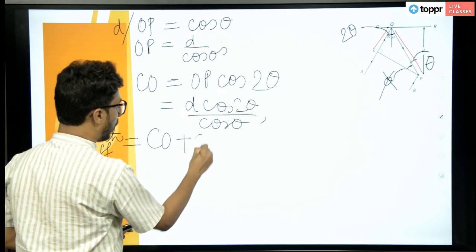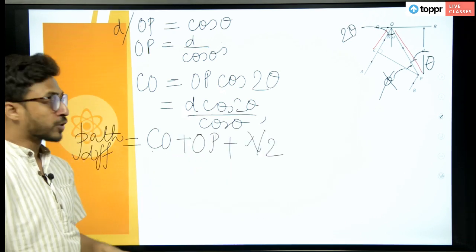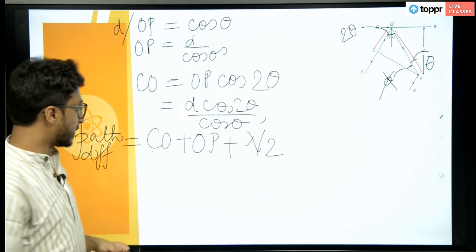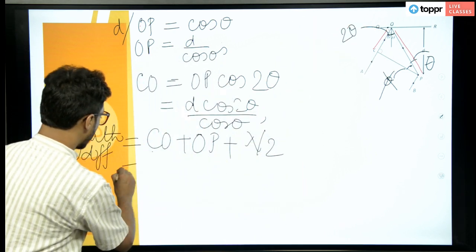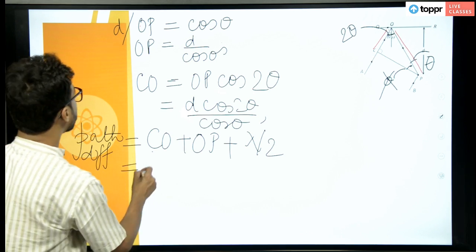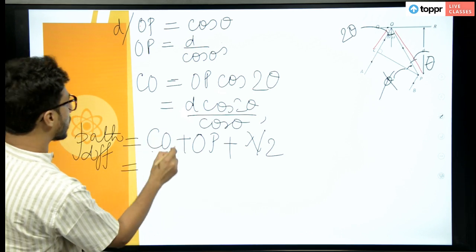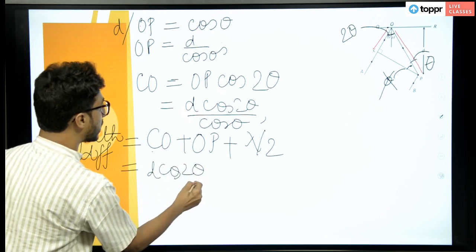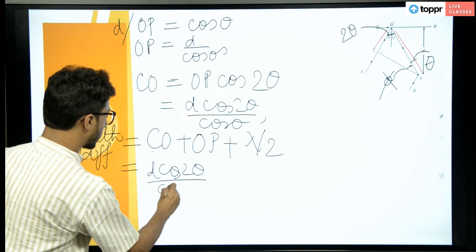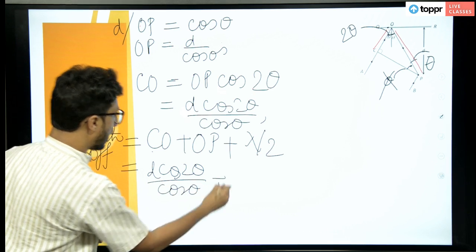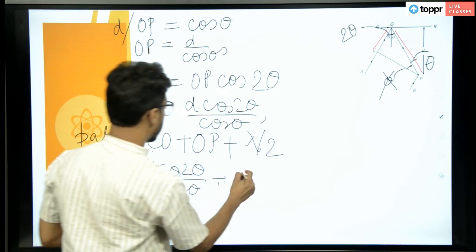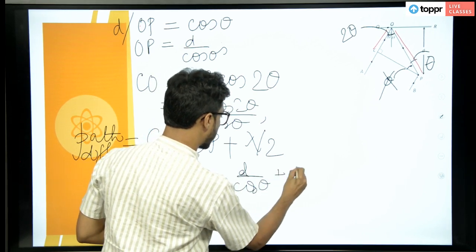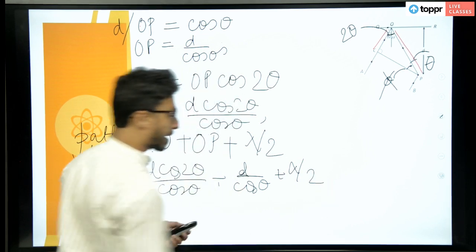CO plus OP plus lambda by 2 because of the reflection at a higher refractive index surface. Now CO plus OP equals D cos 2 theta by cos theta plus D by cos theta, plus lambda by 2.